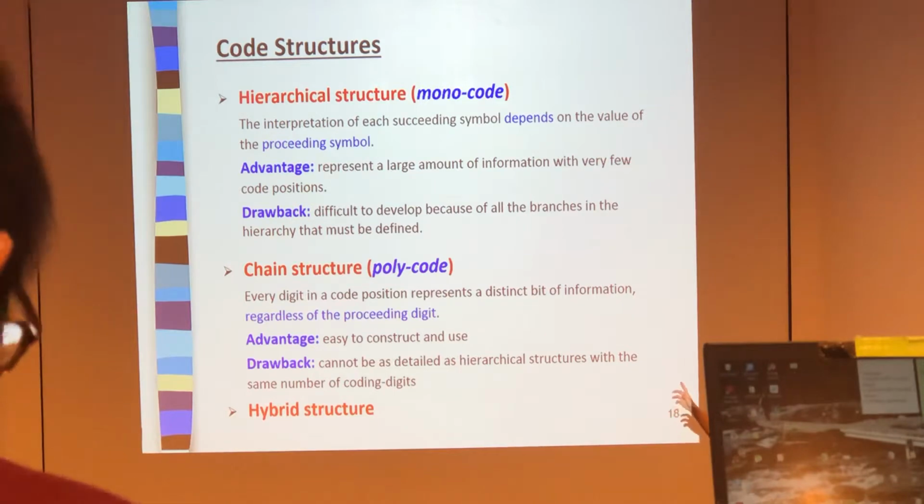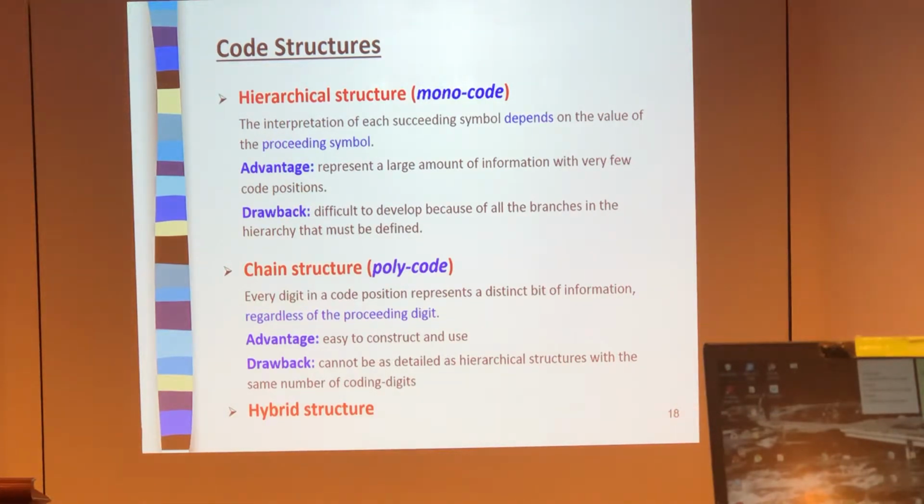Each one has its pros and cons. For the first one, hierarchical, for the same number of digits, it represents a much larger amount of information than the chain structure, because the same digit, same value could represent different meanings, while chain only represents a fixed meaning.